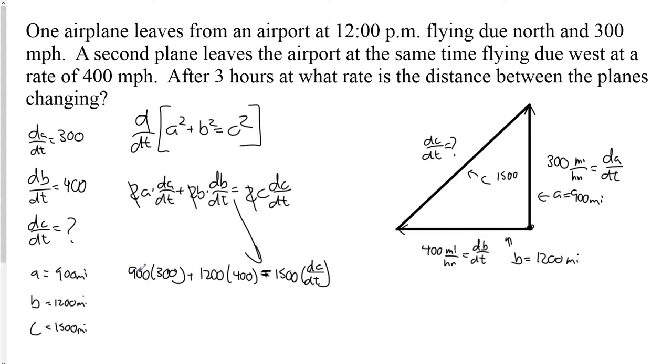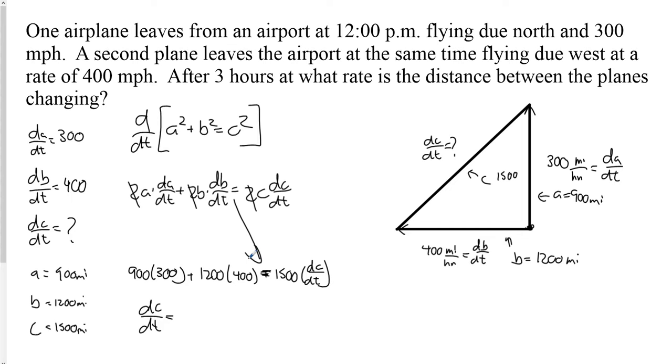Okay. So, calculation time. I need to do this plus this divided by 1,500, and that'll give me dC over dt. And so 900 times 300 plus 1,200 times 400 equals 750,000.